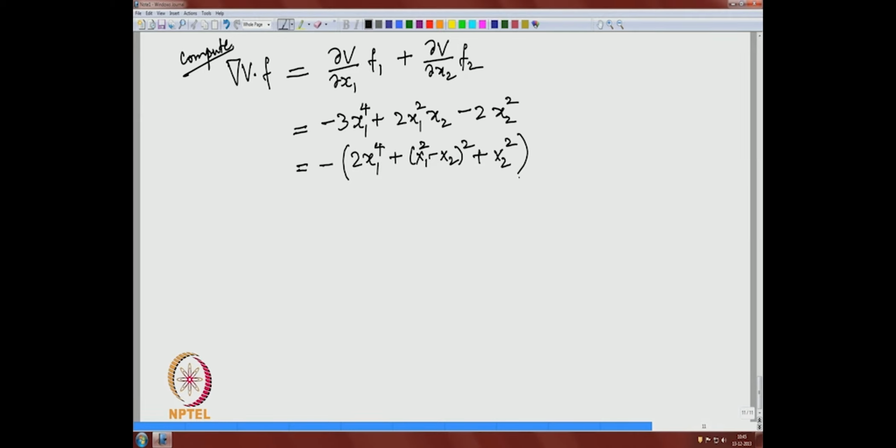Okay. And all the three things in the bracket are non-negative, and it is 0 only if x1 equal to x2 equal to 0. So, this is negative definite.